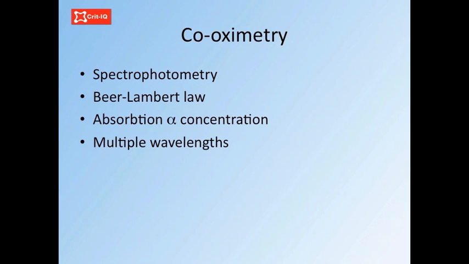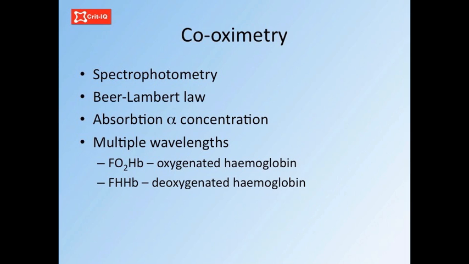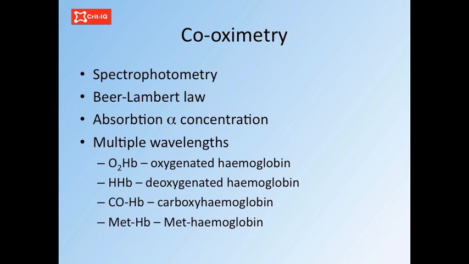By using multiple wavelengths to analyse the sample, and the ratios of absorption of one wavelength to another, the co-oximeter can differentiate between types of haemoglobin, namely oxygenated haemoglobin, deoxygenated haemoglobin, carboxyhaemoglobin, and methemoglobin.